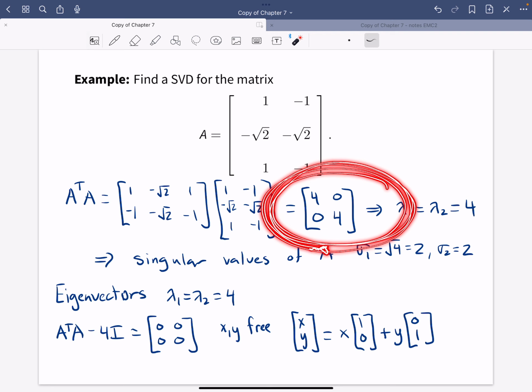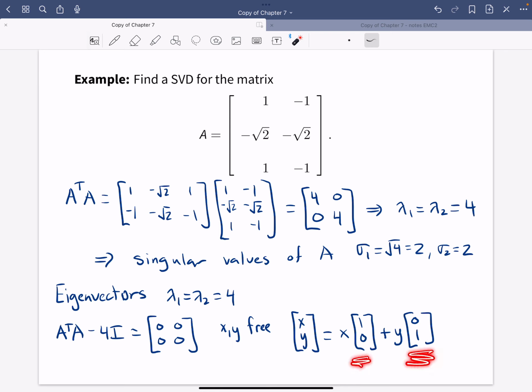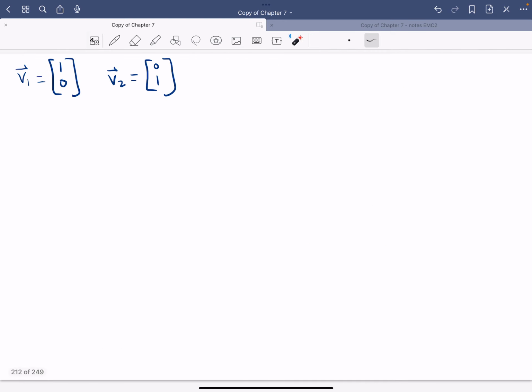And eigenvectors that come from different eigenvalues will be guaranteed to be orthogonal to each other. But if two eigenvectors come from the same eigenvalue, there's no guarantee that they have to be orthogonal. And therefore, you might have to do Gram-Schmidt to make those two eigenvectors orthogonal. Now, in this case, we got lucky, and they already happened to be orthogonal to each other, so we didn't have to do that.